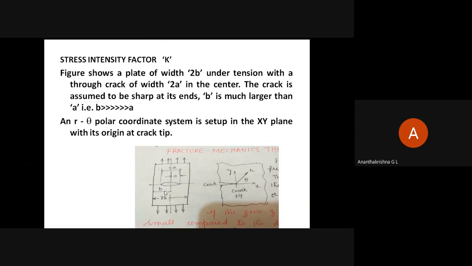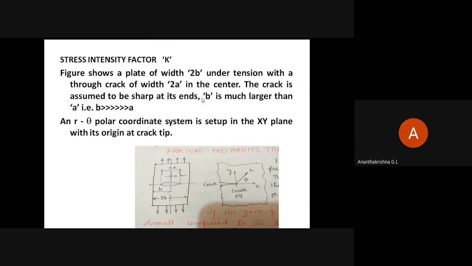That means the distance from the margin of the plate to the crack is very, very large. That is why there is the much greater than sign.